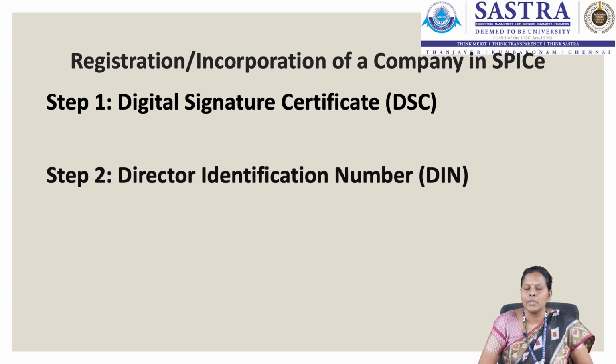And the Ministry of Company Affairs gives the director identification number to a maximum of 3 directors. In case a company is going to have more than 3 directors, what they have to do is, after the company gets incorporated, they can apply for the director identification number for the rest of the directors by filling the form DIR 3.